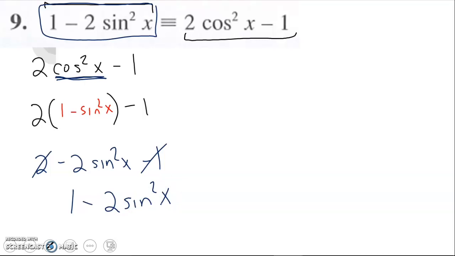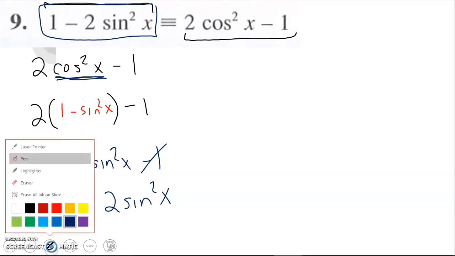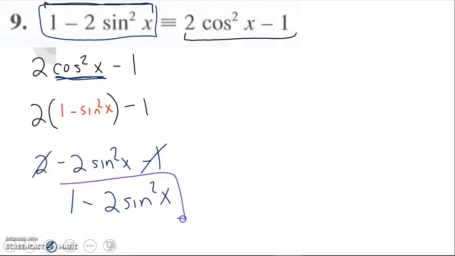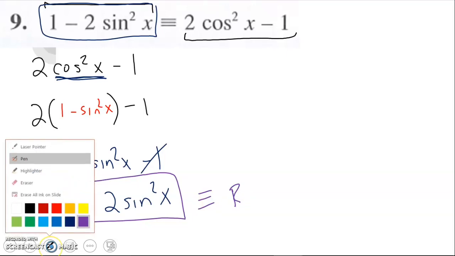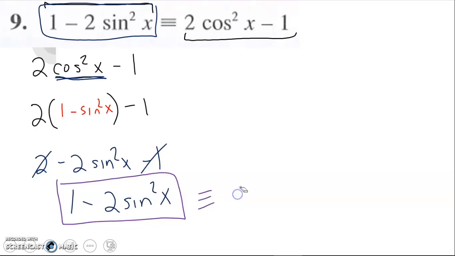Well, congratulations. You have basically proved this identity where this is equivalent to my left-hand side. Okay, so this one is proven.